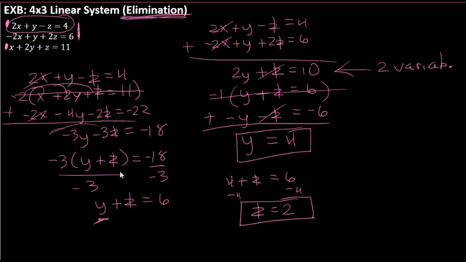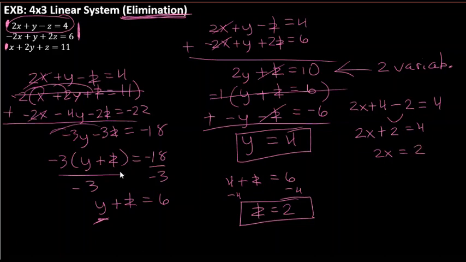So I'm going to have 2x plus y, which is 4, minus z, which is 2, equals 4. And 4 minus 2, that's going to give me 2x plus 2 equals 4. Bring everything down. Subtract 2 from both sides.